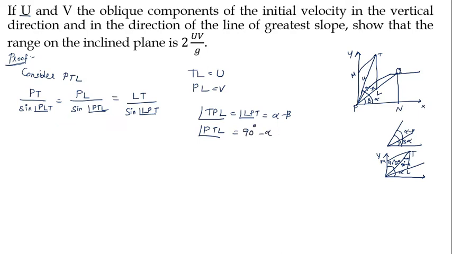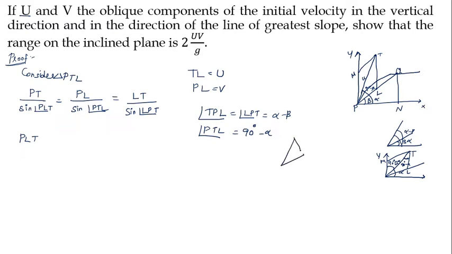Okay. Then I will find the remaining. I found TPL or LPT, and PTL I have found, and I'm going to find PLT. See that in the diagram there are three angles. We are considering only the triangle PTL. So PTL is a diagram like this.